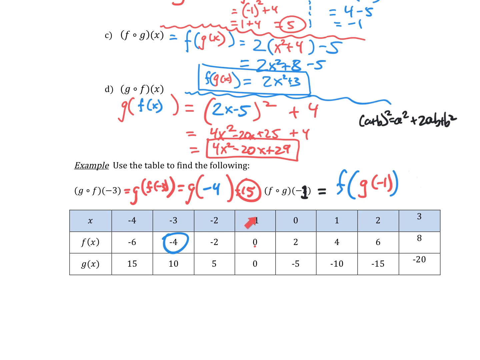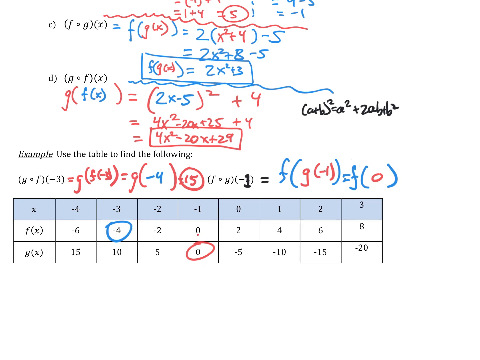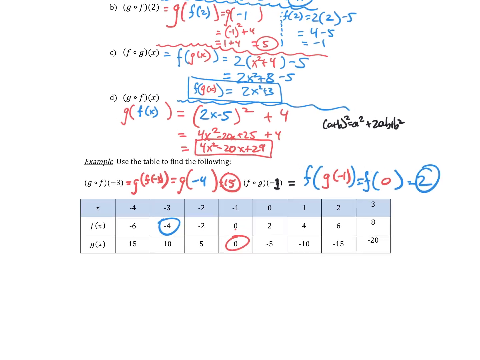Well, when x is negative 1, g of negative 1 is 0. So we're going to rewrite this as f of 0. So now the question is, when 0 is the input, what is f? And the answer is 2. Okay, that's how it works with a table.